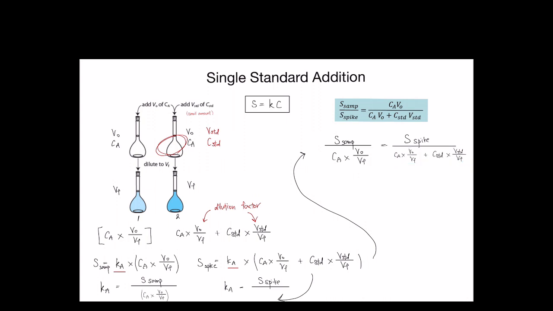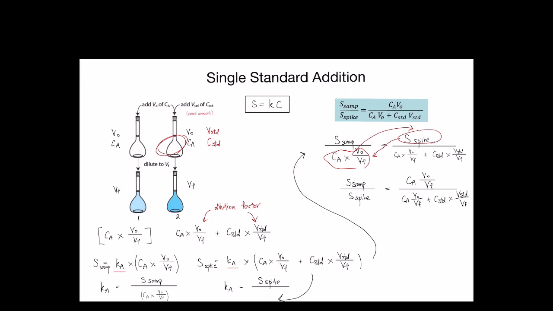So I'm just going to move this into the denominator, and this denominator will be moved up to the numerator. Then it leaves us with the equation S sample over S spike is equal to Ca V0 divided by Vf, whole thing divided by Ca V0 over Vf plus CSTD times V standard over Vf.